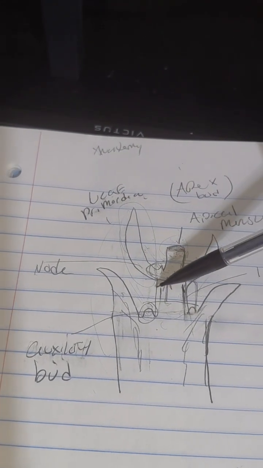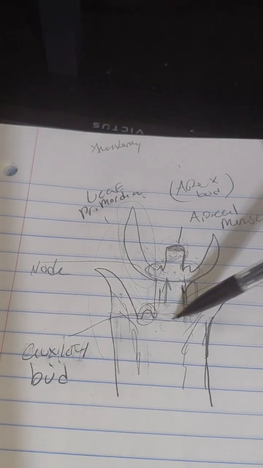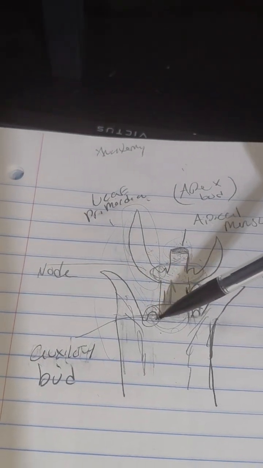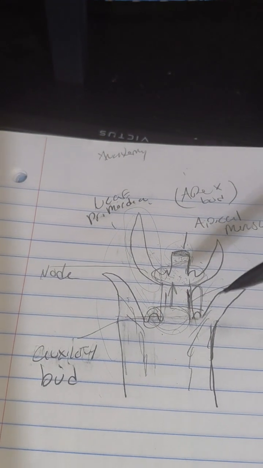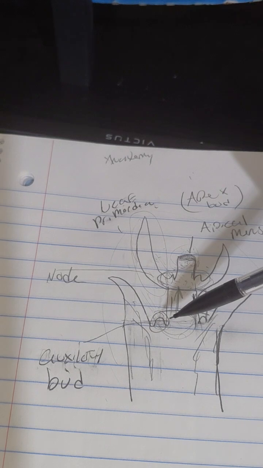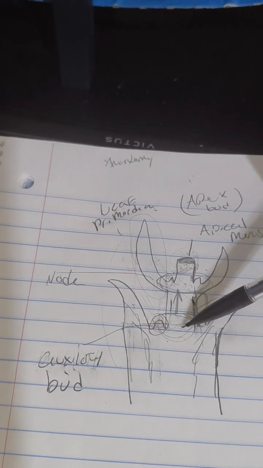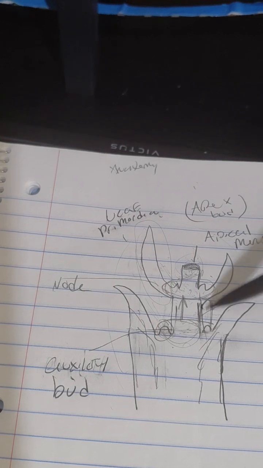And then we have the nodes, which is this middle area, and it'll house the auxiliary buds, and this is where you get your development of leaves and roots, like I was saying earlier. The auxiliary buds are placed where the nodes are. And then between each node is called an internode.